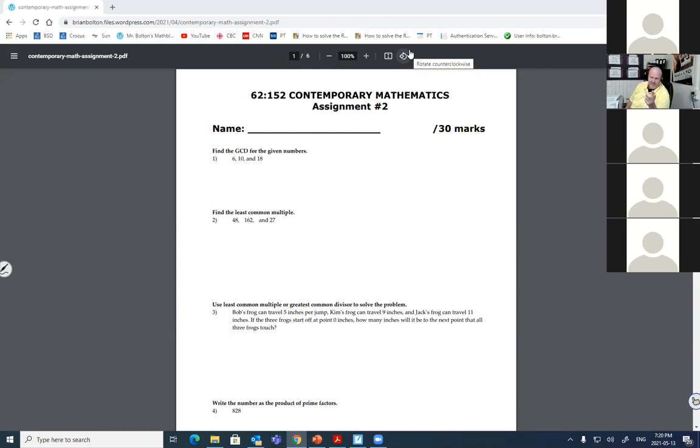That's 18. 6 goes into 18, but 4 doesn't, so that doesn't work. 9 times 3, 27. 9 times 4, 36. Oh, that one looks interesting, right? So you can do it without doing all the extra work. If you're ever going through multiples in your head, pick the biggest one. It's always the faster way. Yeah, that's what I tell my students too. Look at that, you know what you're doing.